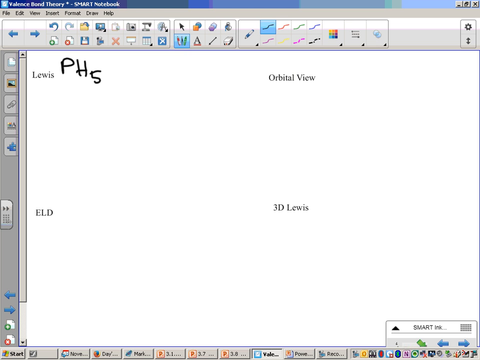There's really only 3 or 4 atoms that have to follow the octet rule: carbon, nitrogen, oxygen, and fluorine. That's it. Everyone else can have an exception, which doesn't make it an exception anymore. But that's the way it really exists.